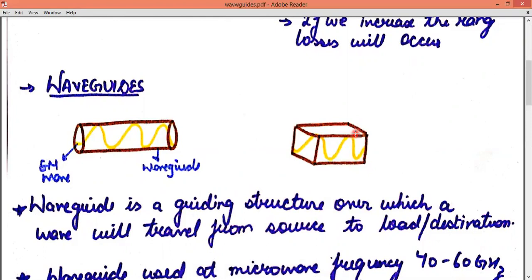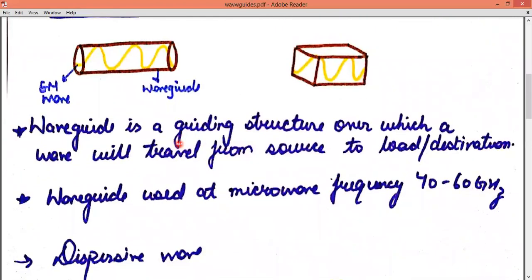We don't want the signal, the important information, to be lost. If we want to decrease the loss, we will use a waveguide, because the wave will propagate within the material. It will not attenuate. So this is the practical overview.